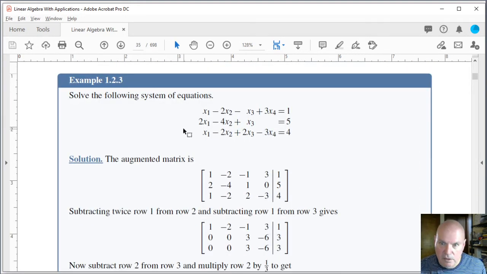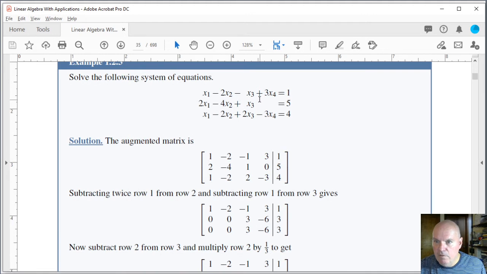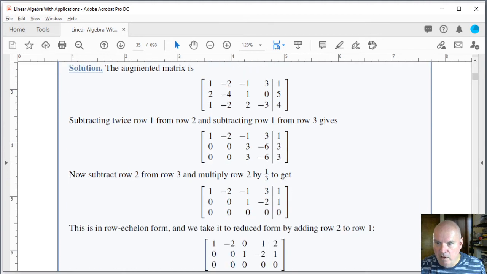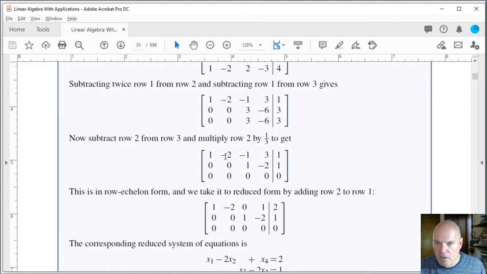So this is example 1.2.3 on page 13 of the text. Here we've got 3 equations and 4 unknowns. Here's the corresponding augmented matrix. I'm going to jump down to this, which is actually row echelon form: leading 1s in each row or all zeros.